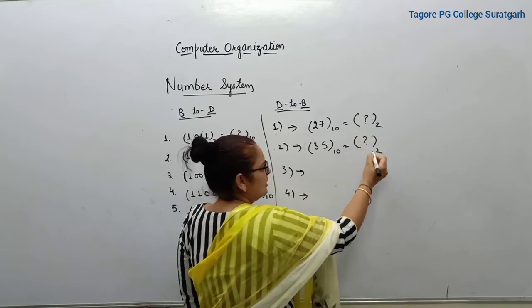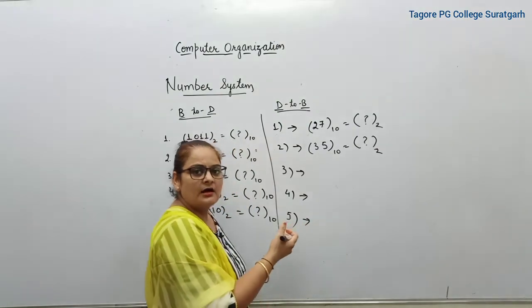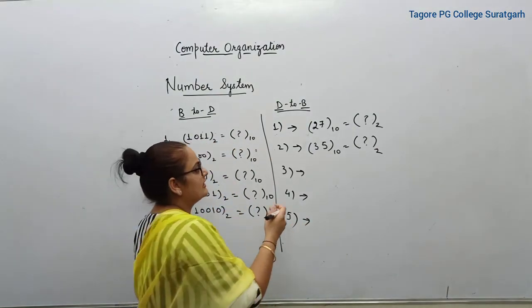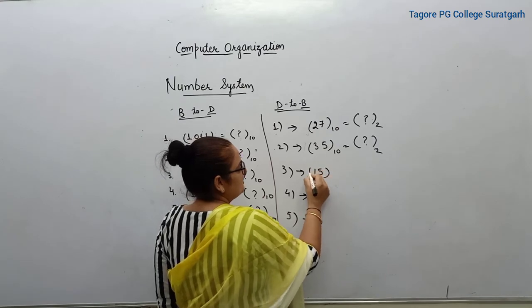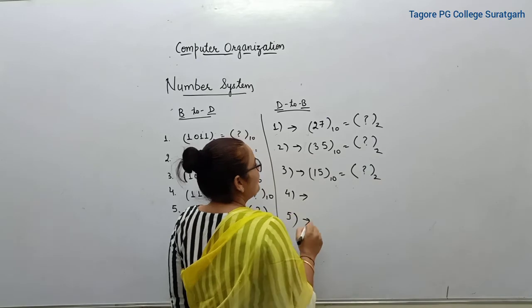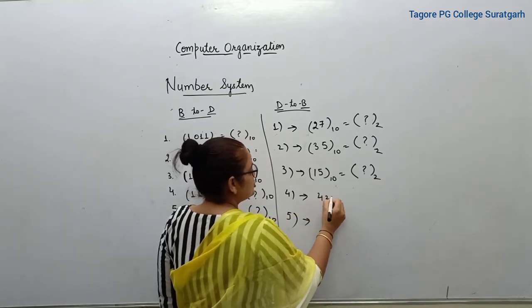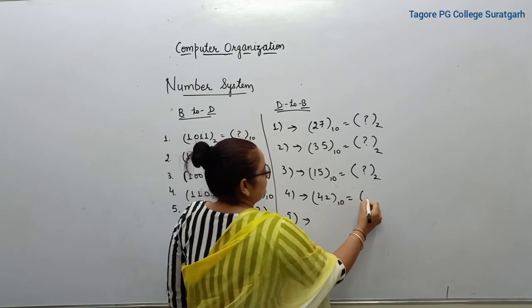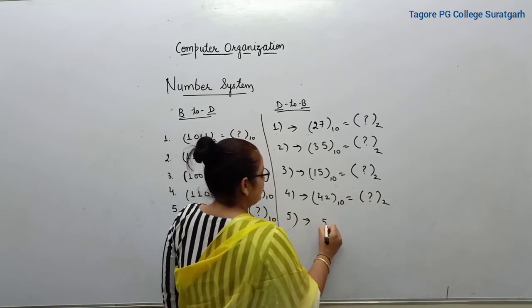There is no need for much calculation, as these are very simple conversions. Here is 15, which is in decimal form, and you have to convert it to binary. Then there is 42. The next is 53.